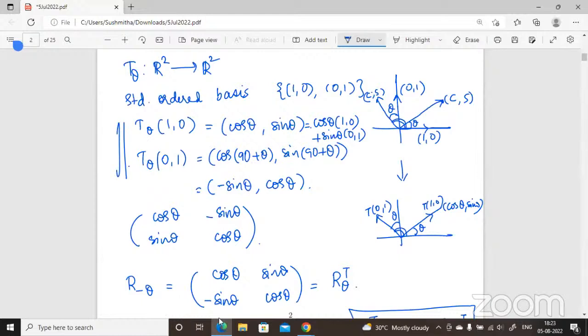It's going to rotate the vectors by an angle theta, right? So if we take this vector 1, 0 and rotate it by an angle theta, what is the resulting vector that we are going to get? What are the coordinates of this resulting vector? Cos theta, comma sin theta.